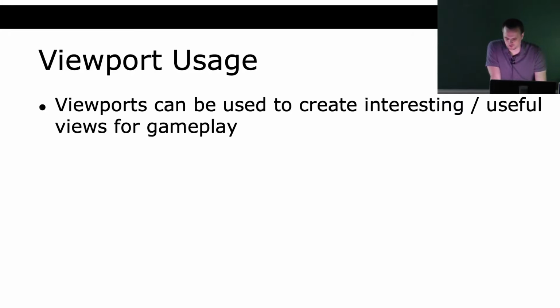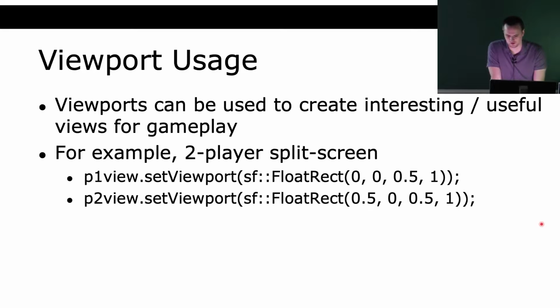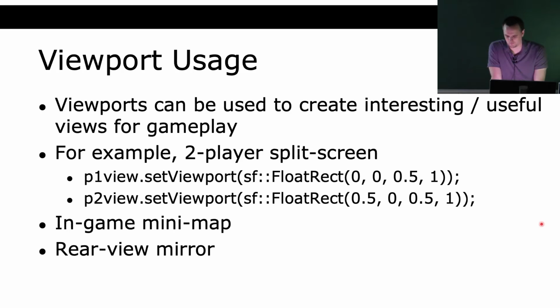So viewports, like I said, can be used to create interesting or useful views for gameplay. And something else that I've seen is you could use this if you had a driving game. Old driving games were all 2D, the road was there and you just steer left and right. But maybe there's a missile coming from behind you.